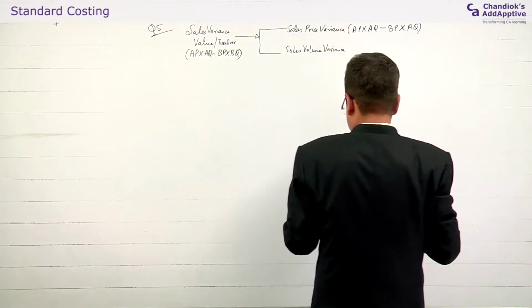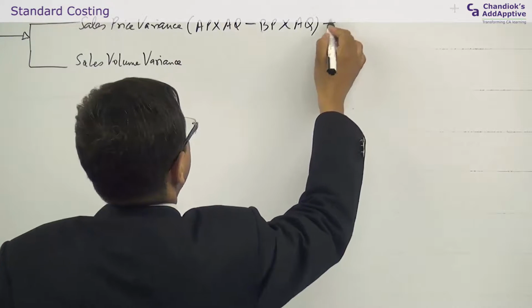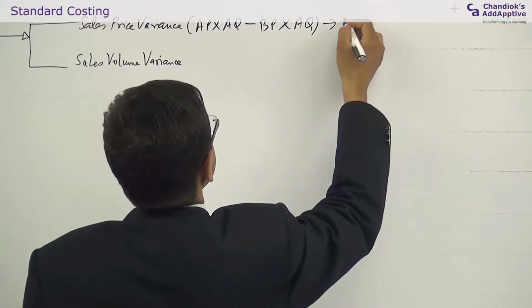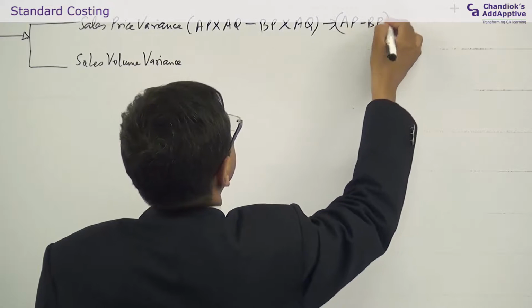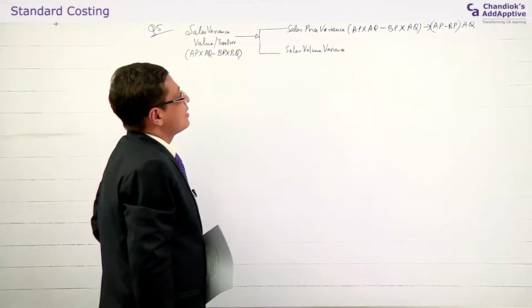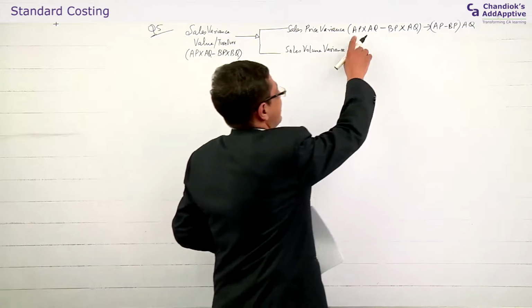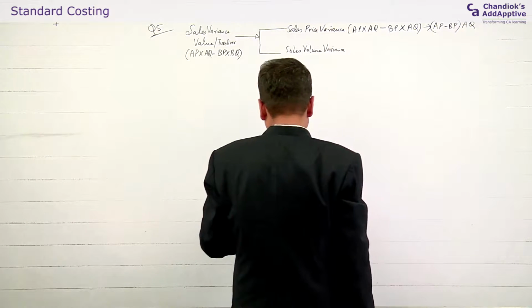Right, friend? You can keep it in bracket also and create formula like this. Right? So, the formula can be either an extended formula or a reduced format of formula.